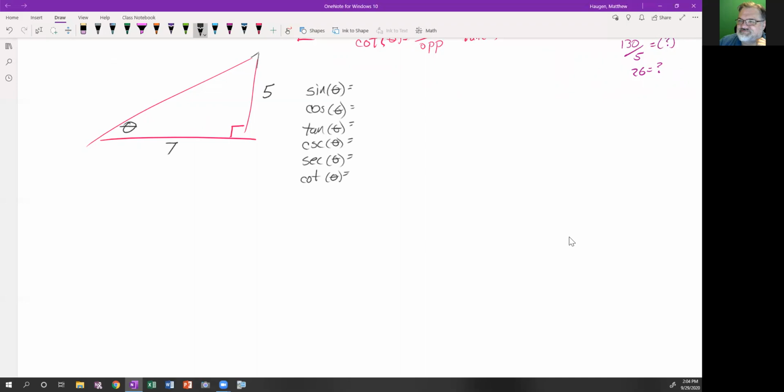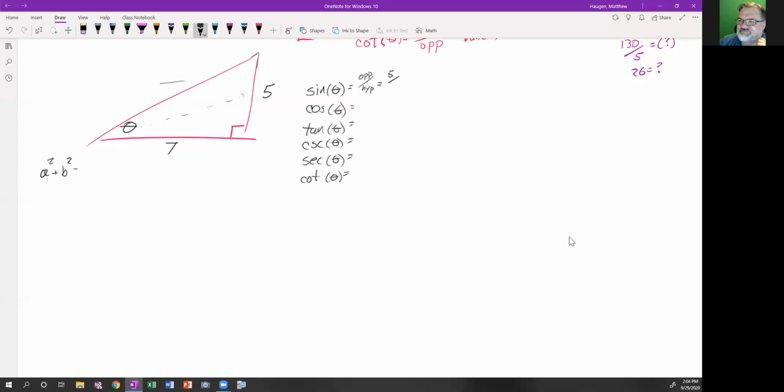Again, we know the sine is opposite over hypotenuse. The opposite length in reference to that angle is 5, but we don't know the hypotenuse. Luckily, we have a tool that relates the legs to the hypotenuse in a right triangle: good old Pythagorean theorem.